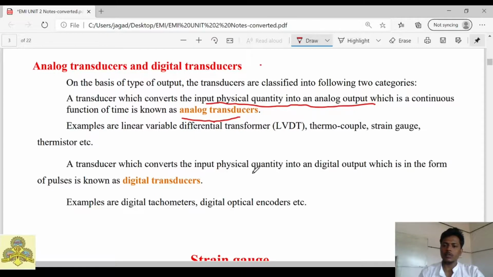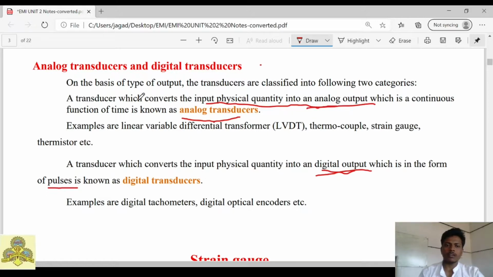It converts an input physical quantity into a digital output, in the form of pulses. In the case of an analog transducer, it converts to an analog output which is a continuous function of time.